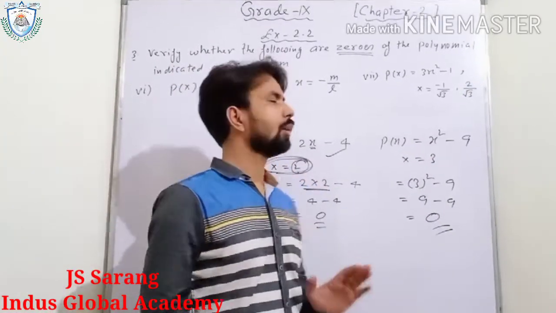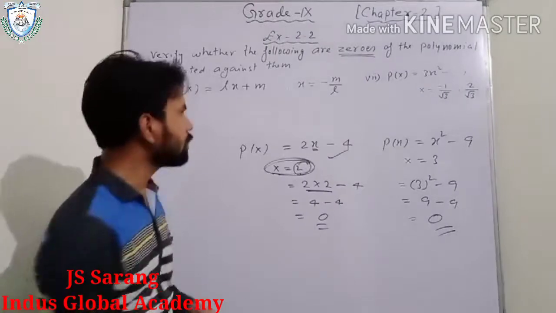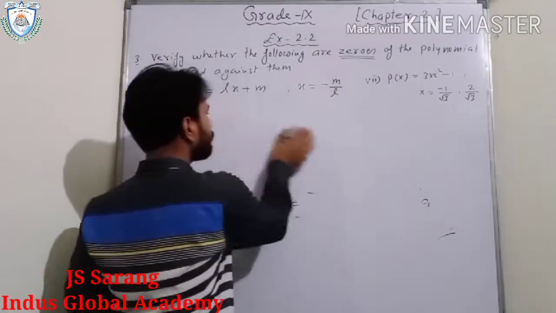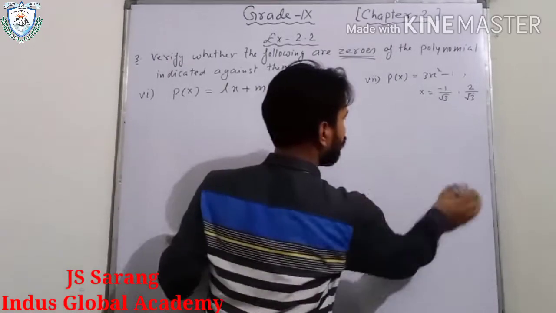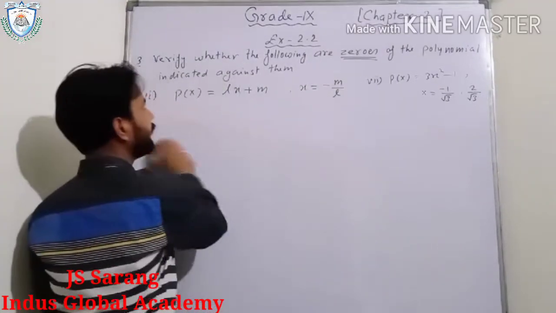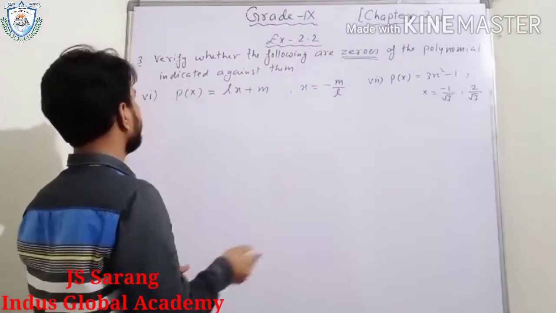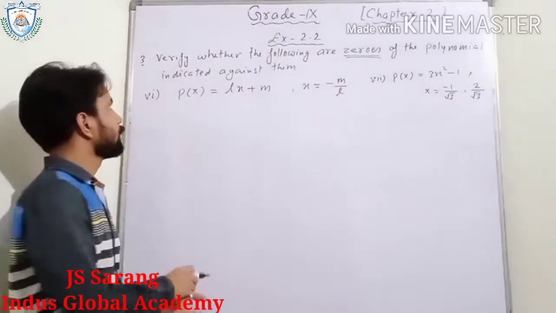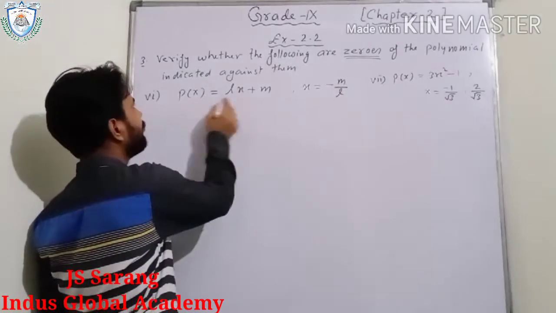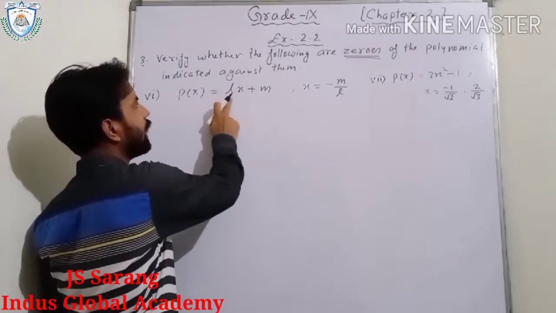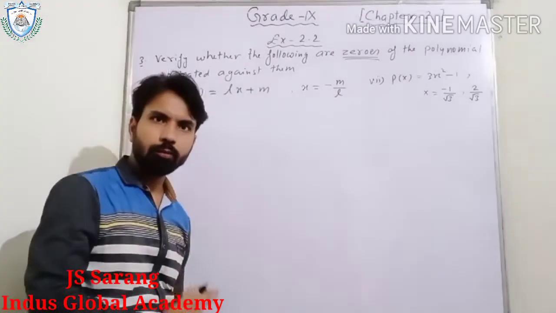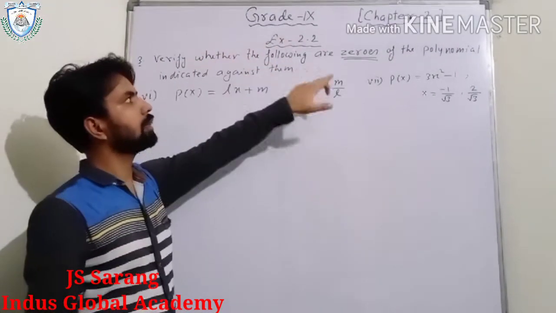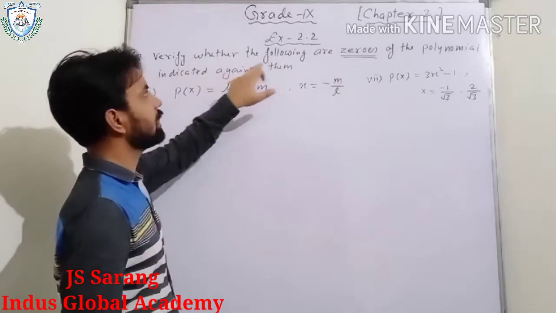Got it? Okay. Now this question is saying to verify whether the following are the zeros of the polynomial indicated against them. So see, I am solving the sixth part first. Here one polynomial is given, p(x) equals lx plus m. This is the value of the polynomial. The question is saying verify whether the following are the zeros of the polynomial indicated against them.